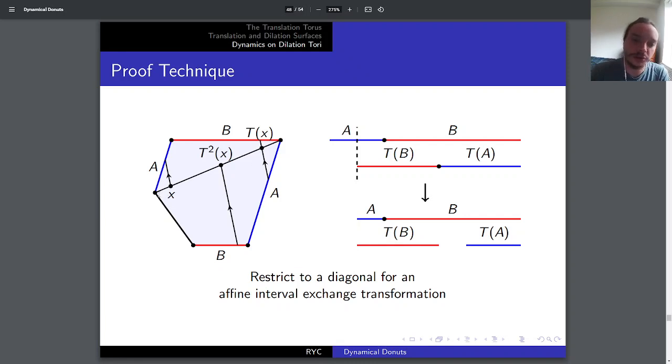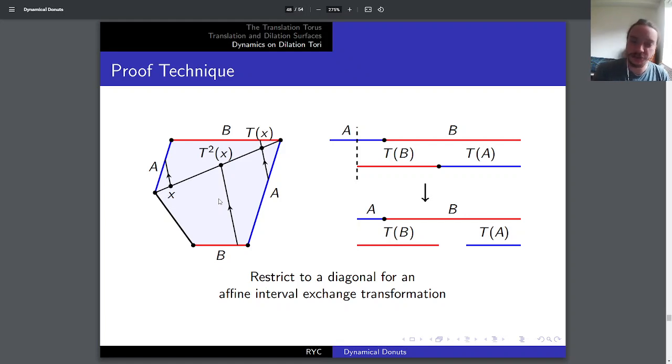And what we're going to do is consider every time that our flow hits that line. So we're actually going to consider the induced map on this line, or the first return map on this line. So you start somewhere on the line, and then you flow until you hit the line again, and then you flow until you hit the line again, and we define a function based on this.